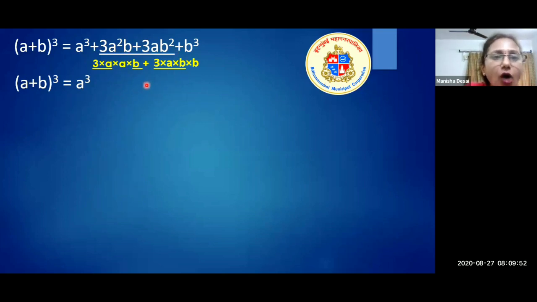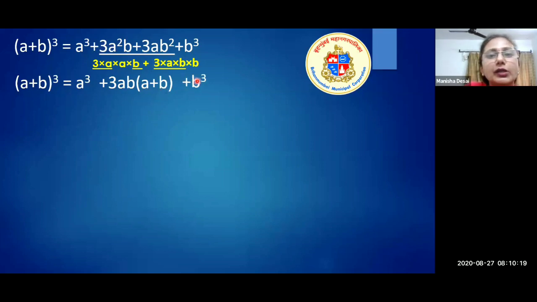So we are going to write the common factors 3ab outside the bracket, and the uncommon factors inside the bracket. Plus 3ab into bracket a plus b, because 3ab is the common factor and a plus b is the uncommon factor.